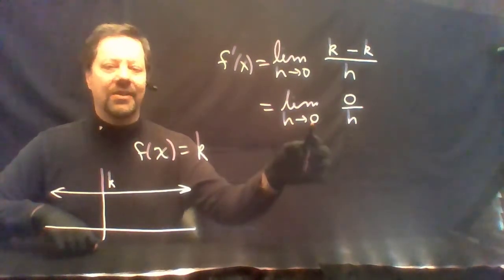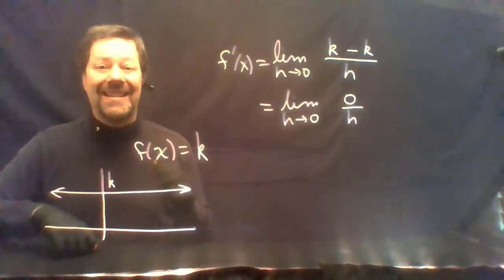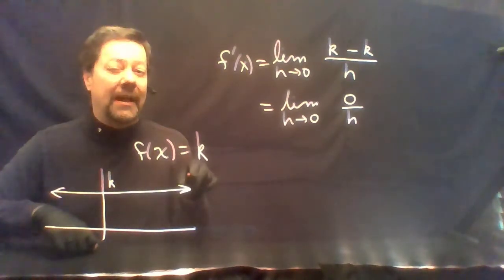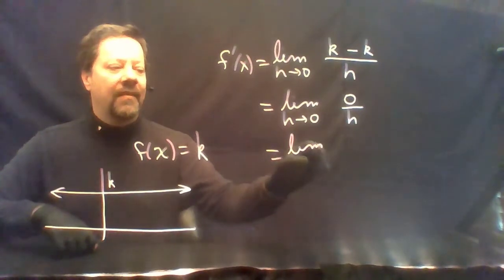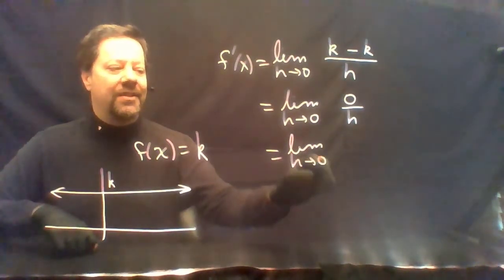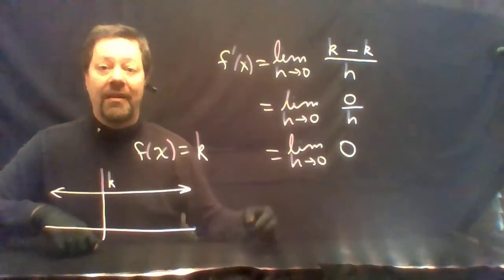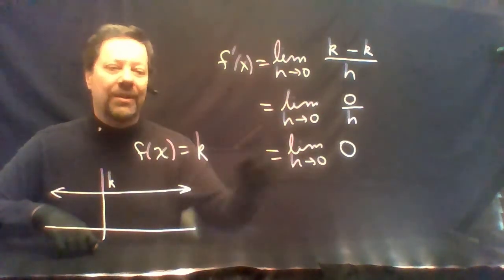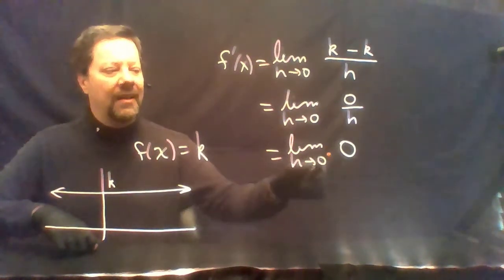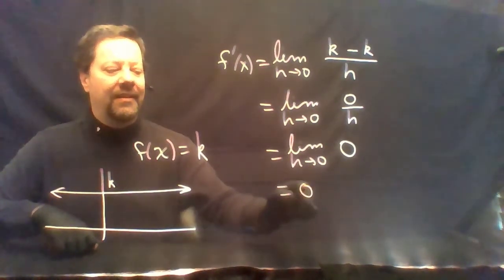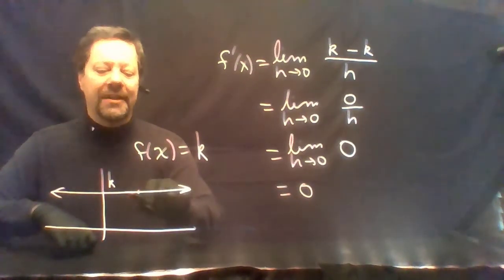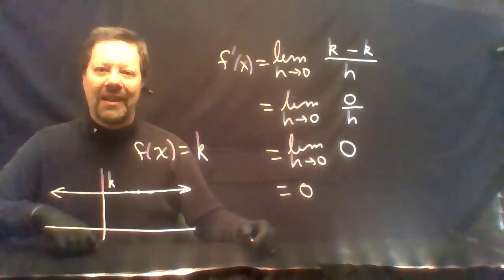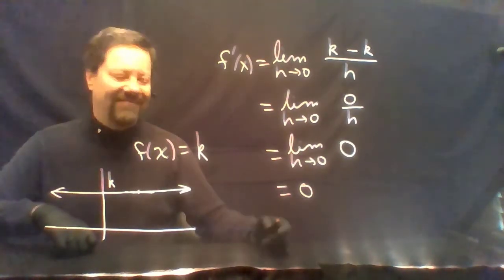As long as h is going to 0, we're assuming that h is not equal to 0, but only nearby. For all such ratios, in the limit as h goes to 0, we're just taking a bunch of ratios that are equal to 0. And hence, the limit is 0. Just as you anticipated, the slope of the tangent line at each point will be 0.